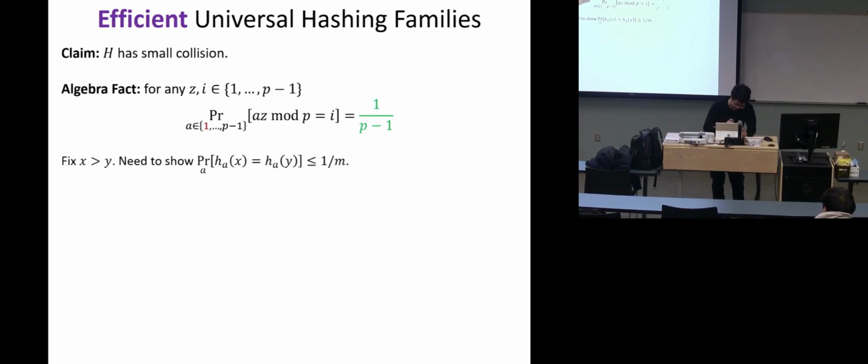That is, if I fix any number z which is non-zero, for any c and i which is between 1 and p minus 1, the probability that, once you choose a from this set randomly, a times z mod p is i is exactly 1 over p minus 1.